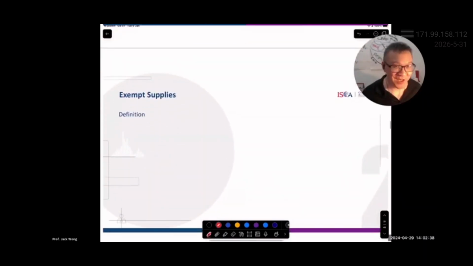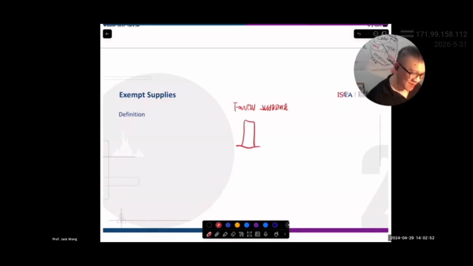Now, exempt supply in Singapore is pretty straightforward because it is defined in the fourth schedule of the GST Act. If you think about what the types of exempt supply are, number one is residential property.